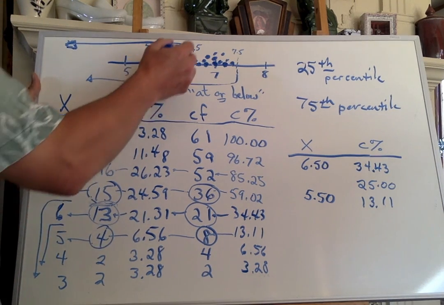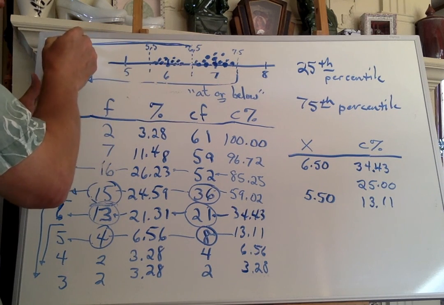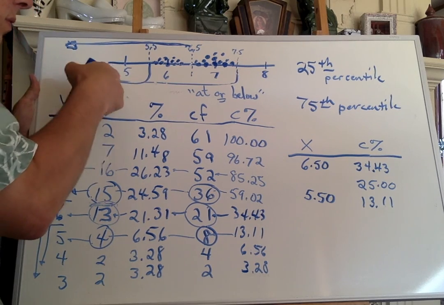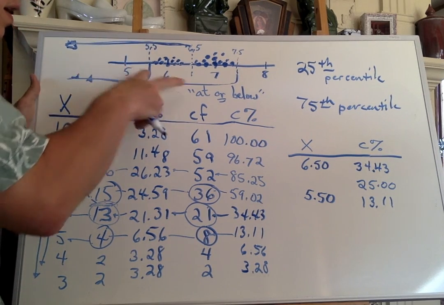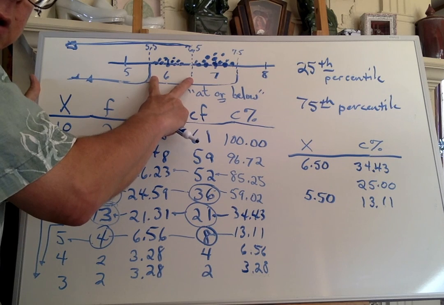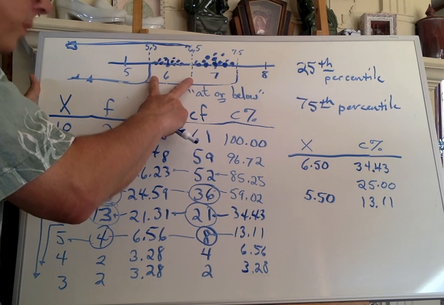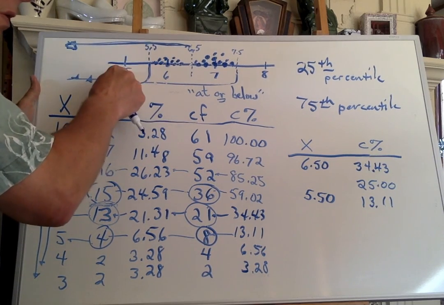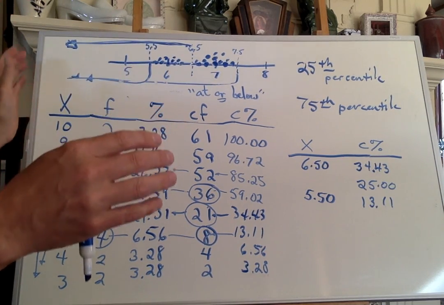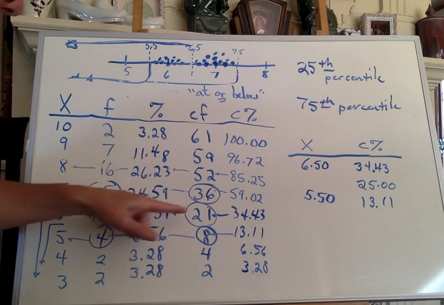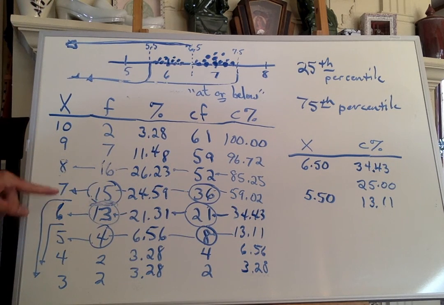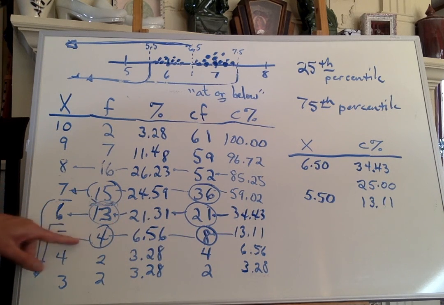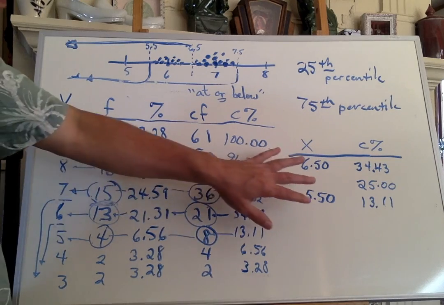What we're doing is we're saying 6.5 and everything below, 5.5 and everything below, that is the upper real limit here, that leaves us this chunk, okay? If we did 4.5 and everything below, we would have 2 chunks. That's not what we want, okay? So identify where you're at, use the upper real limit, okay?